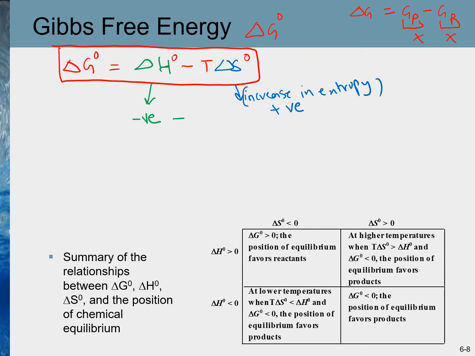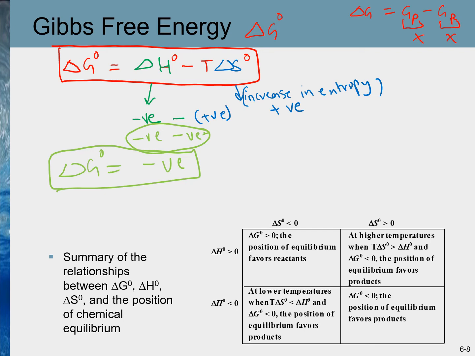So if delta S is positive, negative T delta S will remain a negative value. So in other words, this value is negative, this value is also negative, so overall value will be again negative. It means delta G will be negative in that reaction.